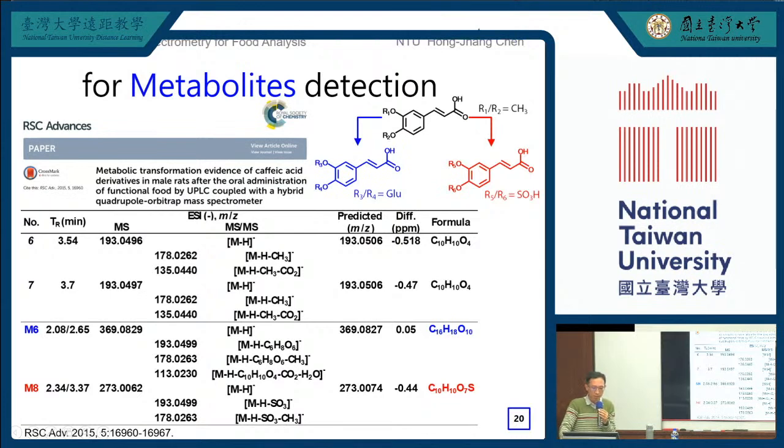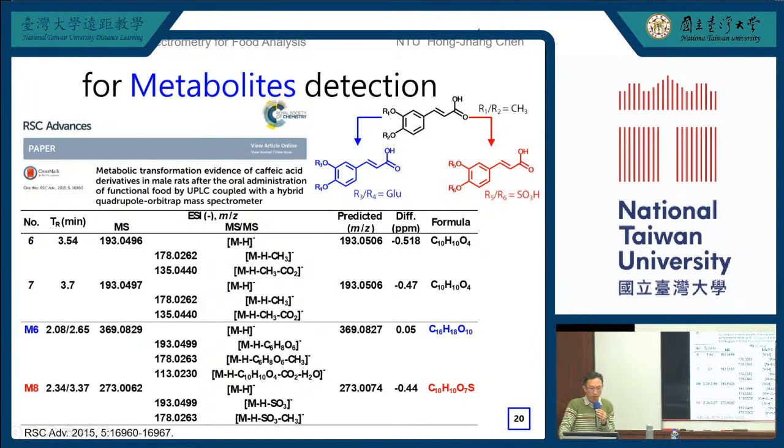How could we do that? That's because this one is the molecular weight of the metabolites, right? But we don't know what this is. But the fragment, we can use the MS technique to produce the fragment of the target compound. And this fragment has the 193.